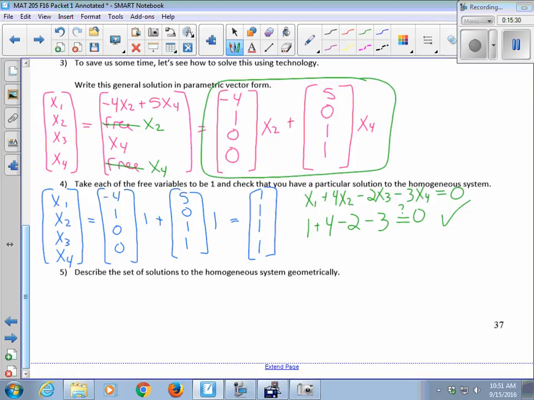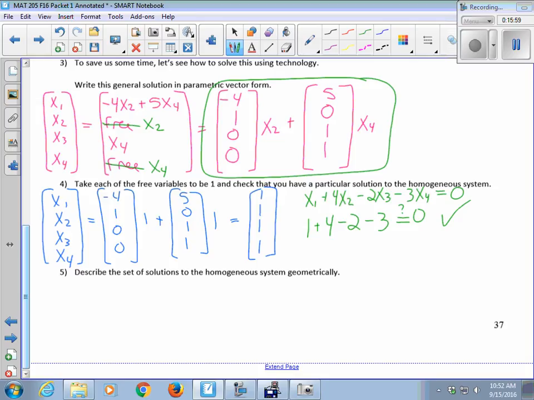Okay, so they live in R4. Is it all of R4? No. So R2, what you're saying is it's two-dimensional, right? It's not all of R2, but the solutions are two-dimensional because there are 2 free variables. Yeah. Okay, so it's a plane within R4.